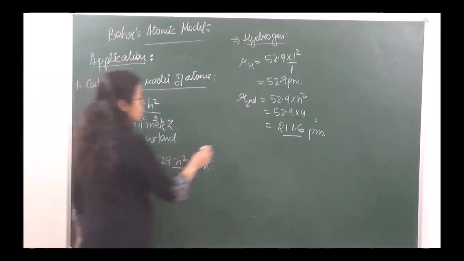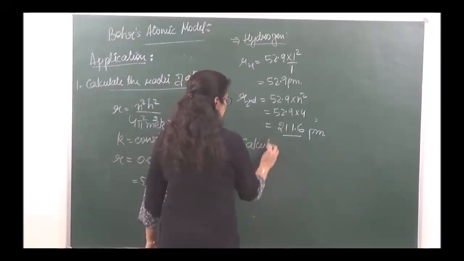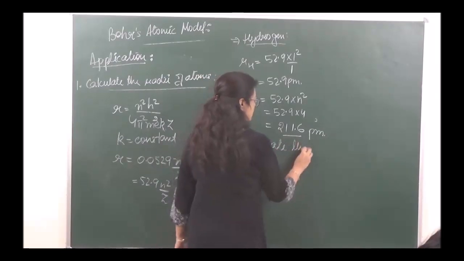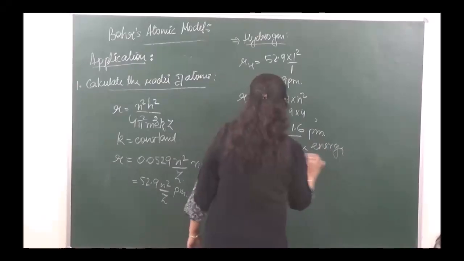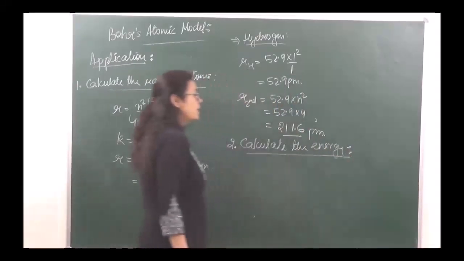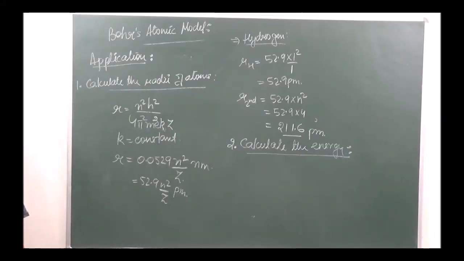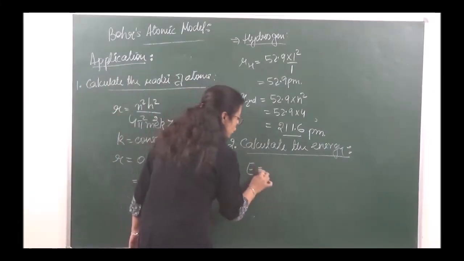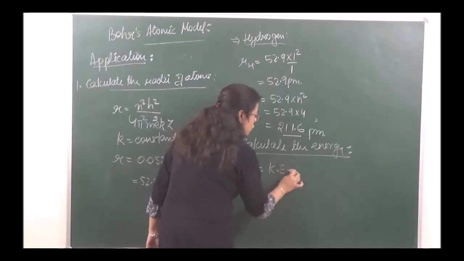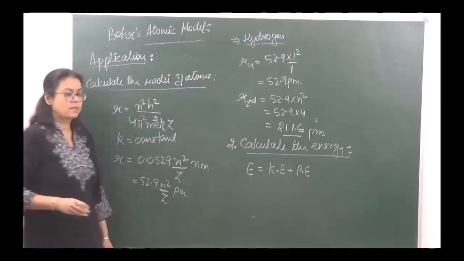Then the second application: calculate the energy associated with the electron in the energy level. So when he calculated in a similar manner, he put that energy is equal to what? When we are talking of energy, that is the sum total of kinetic energy and potential energy.